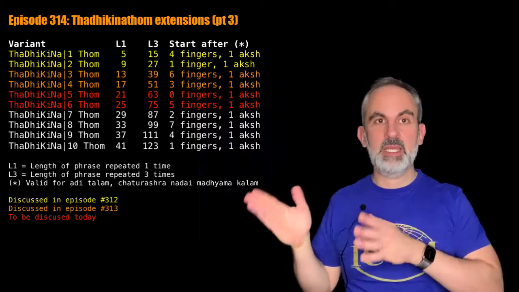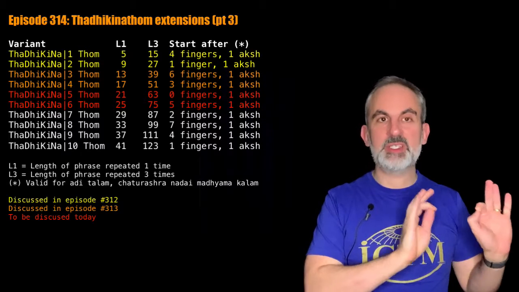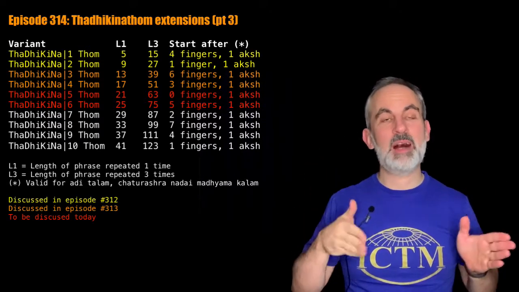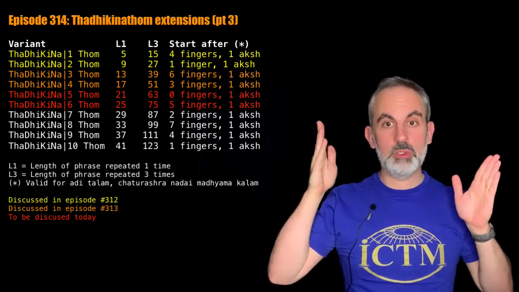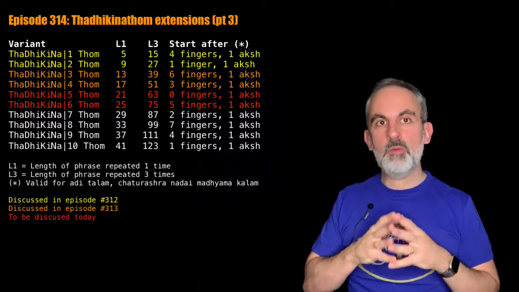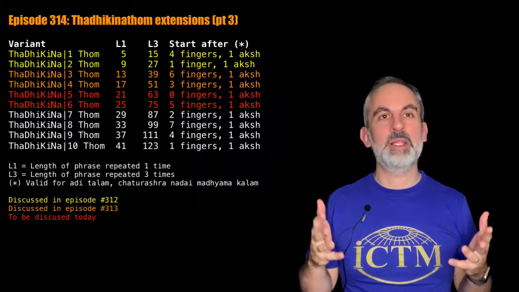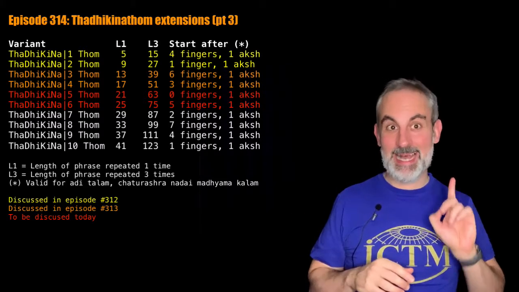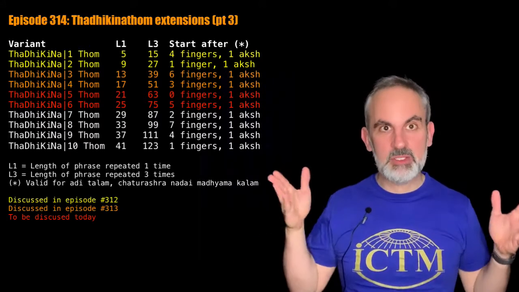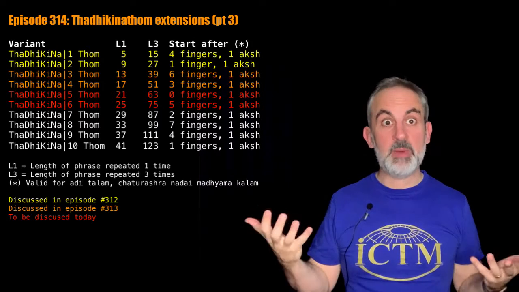That means each of those 4 syllables will be extended over 5 aksharas, and then we'll have another single Thom. Put together, the whole phrase for Thadhikinathom will now last 21 aksharas. Since we perform it 3 times, the total length of this tirmanam is 63.